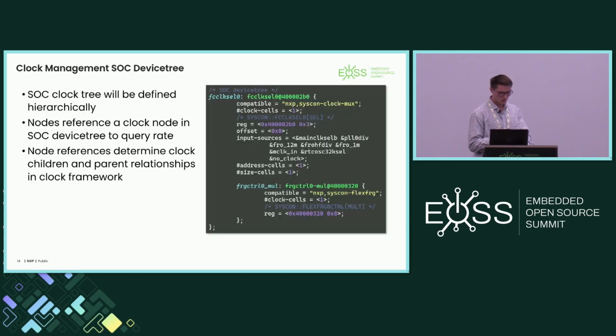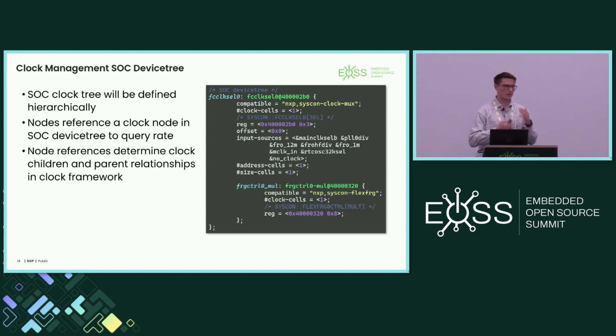So from here, let's start looking at how this device tree would be defined. The idea here is that we define each node of this clock tree hierarchically. So right here, we're looking at part of the clock tree of an LPC part. There's a clock multiplexer and then a multiplier down here. And the idea here is, right, the multiplier is the child of the multiplexer and can request a rate from it.